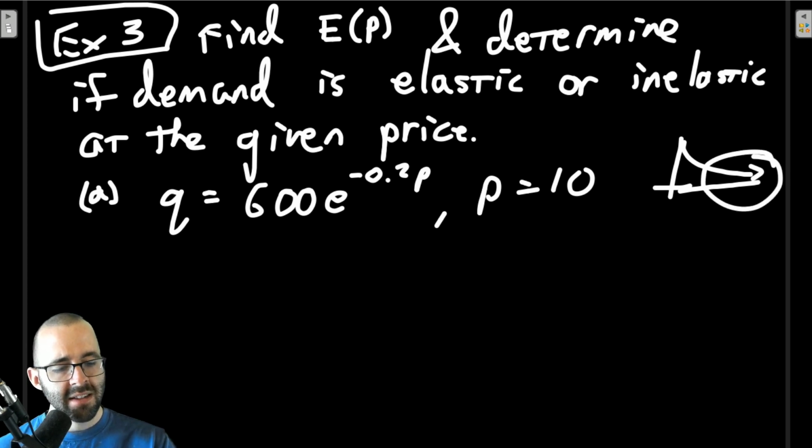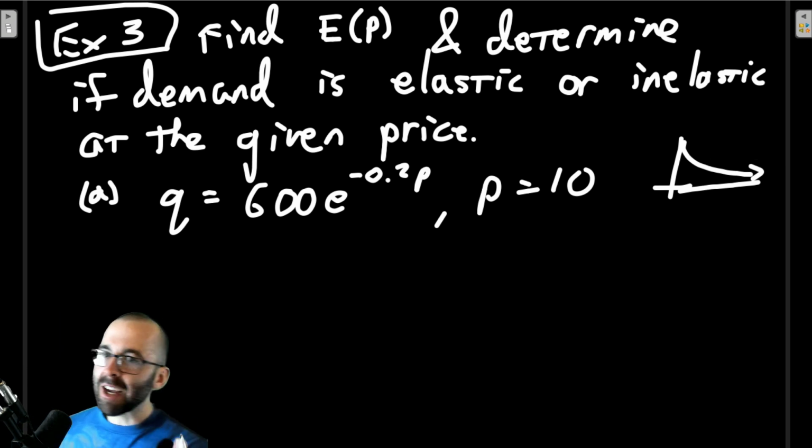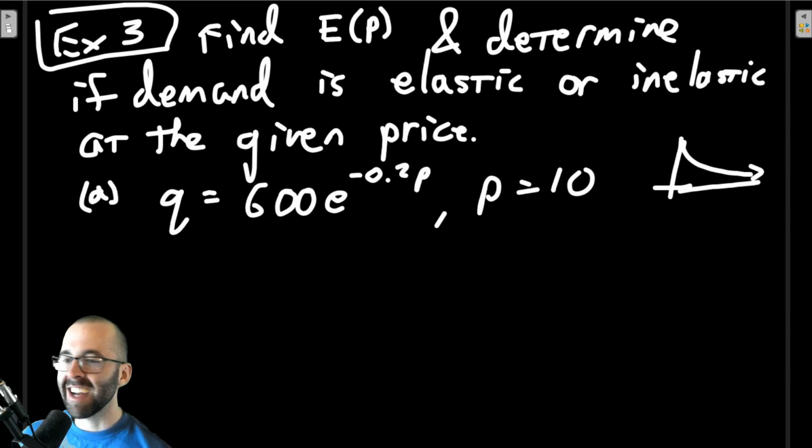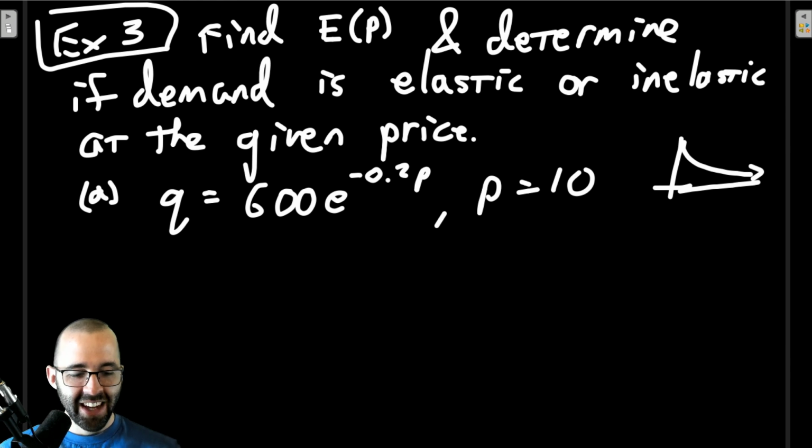But later on it gets kind of flat, where the relationship between price and quantity is different. Increasing price doesn't change quantity very much at that point because basically nobody's buying it in the first place. If only one person's buying your product and you increase your price, it's not going to change by very much, but it's still not a good thing. Anyway, we're curious about what happens when we're charging $10, or whatever our units might be.